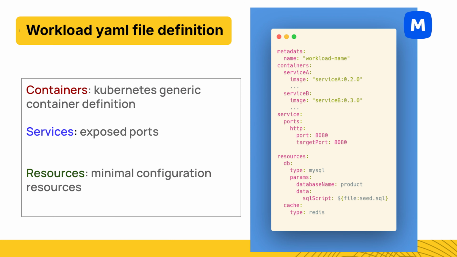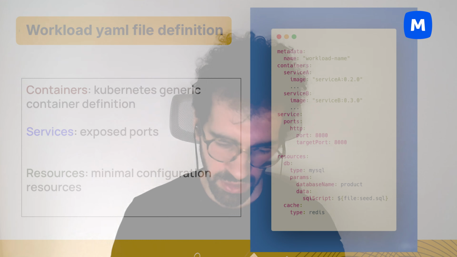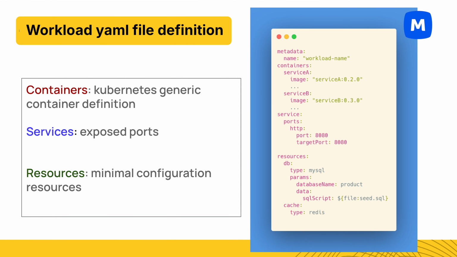So let's go over the workload file. We have these three sections: the containers, the service, and the resource. These are the main sections when you're building this workload file. The containers are pretty much a generic definition. You have images, you could specify resources, and we're going to expand that to provide more functionalities in the future.